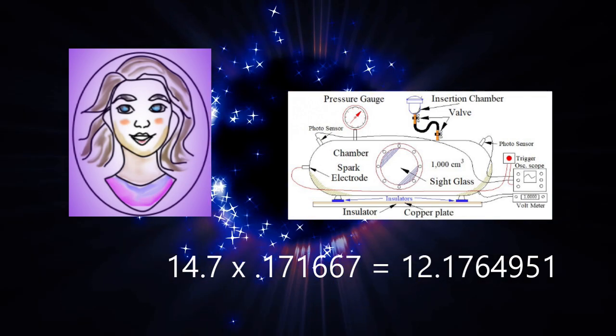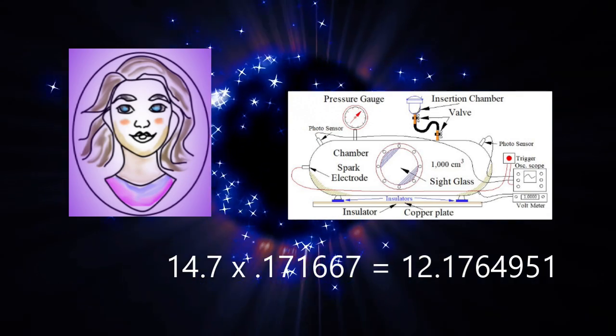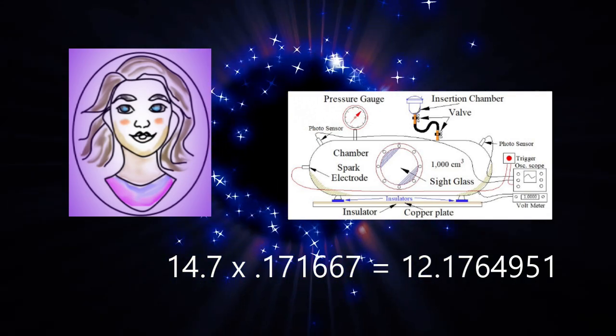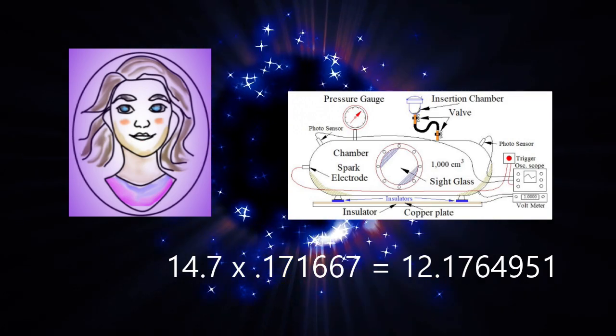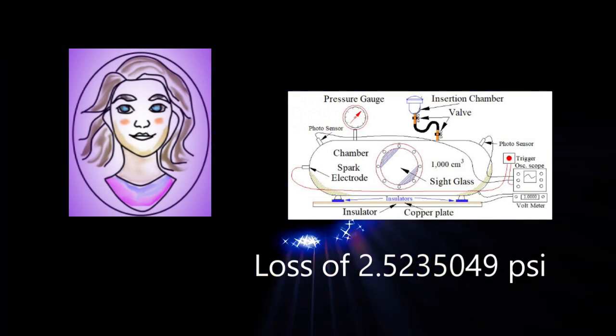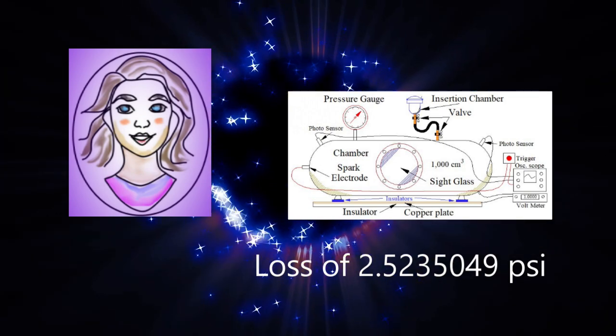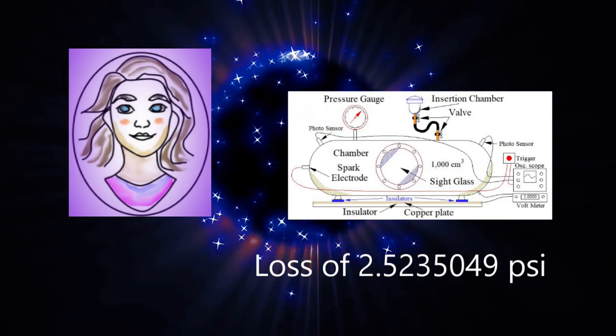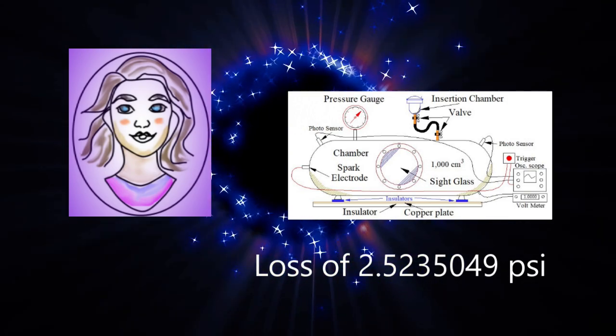So, at 67.5 degrees our pressure is 12.1764951 psi. This is a loss of 2.5235049 psi, which leaves us with a net vacuum, compared to our room pressure of 14.7 psi.